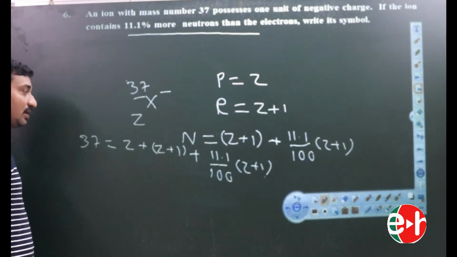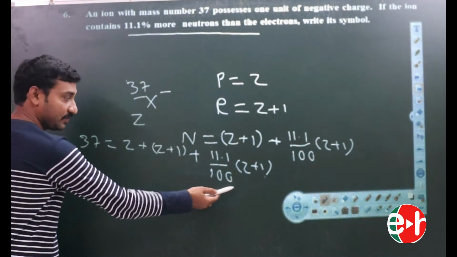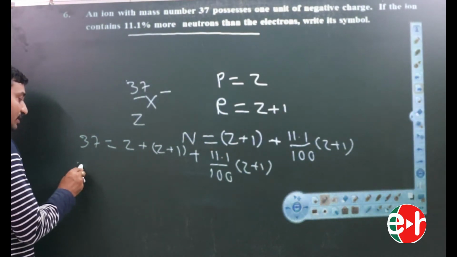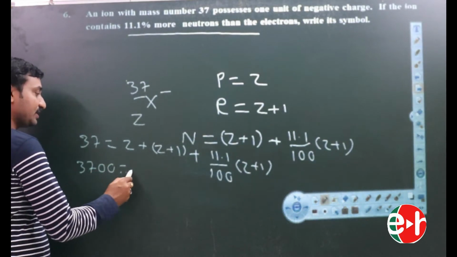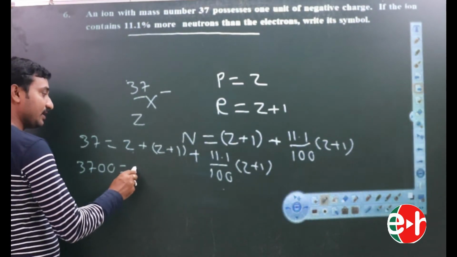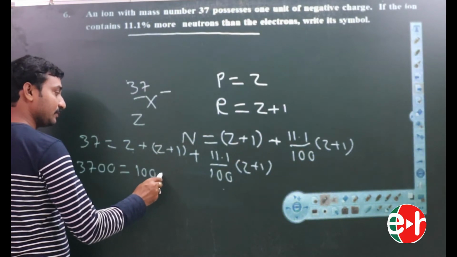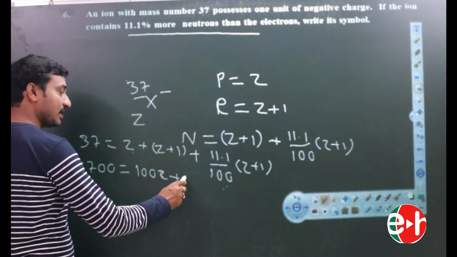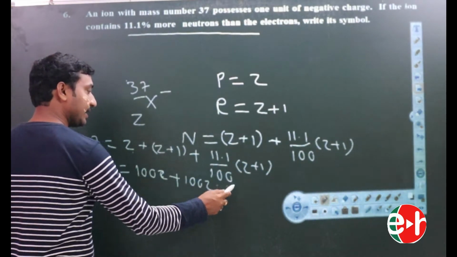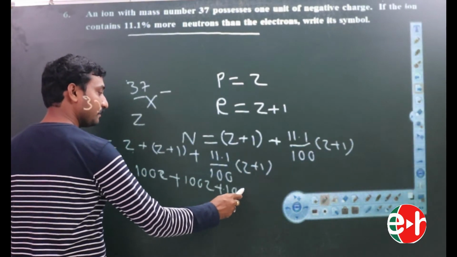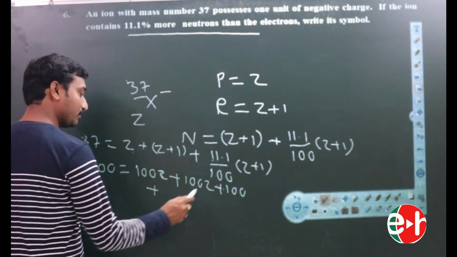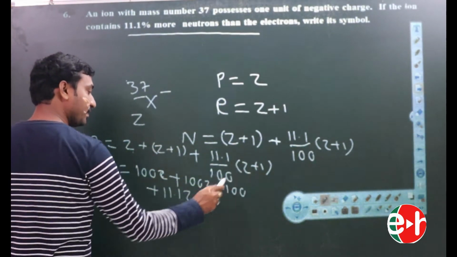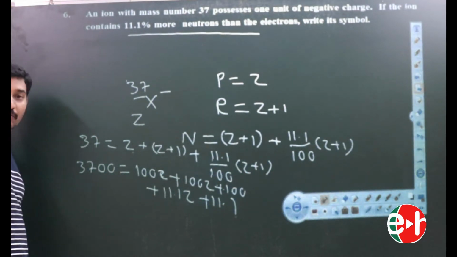Now LCM 100. Cross multiplication: 100 into 37, 3700, is equal to 100 into Z, 100Z, plus again 100 into Z, 100Z, again 100 into 1, 100, plus 11.1Z plus 11.1.